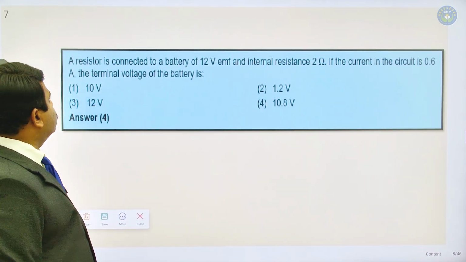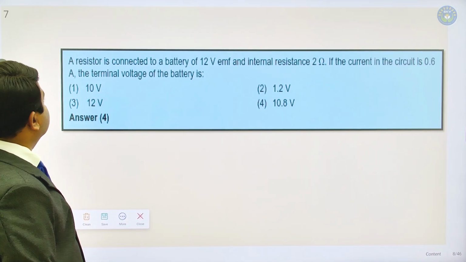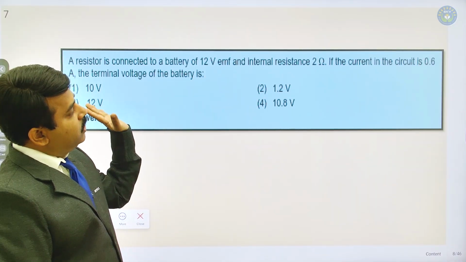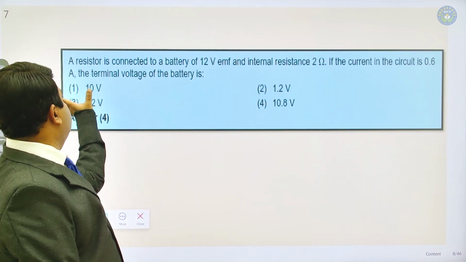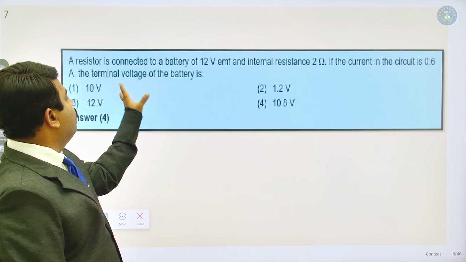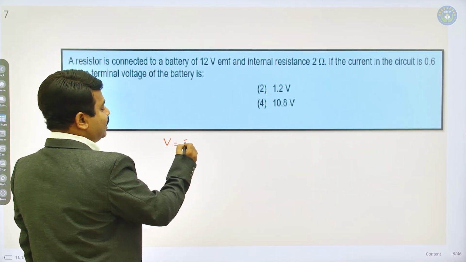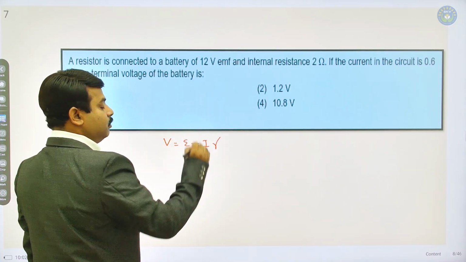Now, question number 6, that is a resistor connected to a battery of 12 volt, internal resistance given, the current in the circuit is 0.6 ampere. The terminal voltage formula is E minus Ir, right?